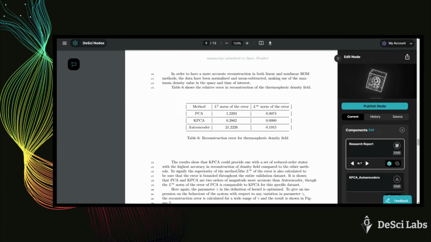We also put this L infinity norm of the error to show that this is a little bit higher, but the idea is that we have a lower norm in KPCA and lower spikes in the error norm in the reconstruction.